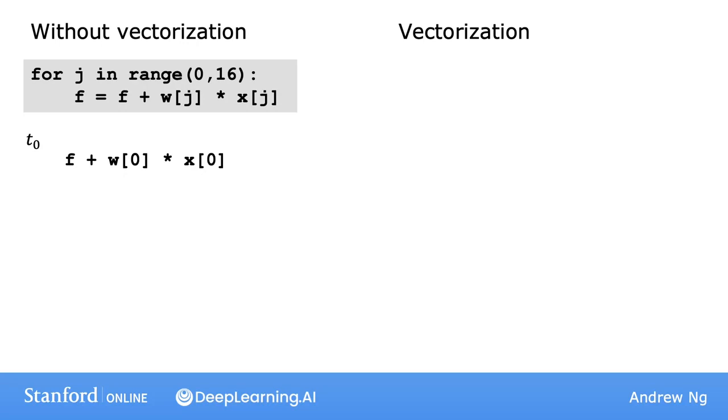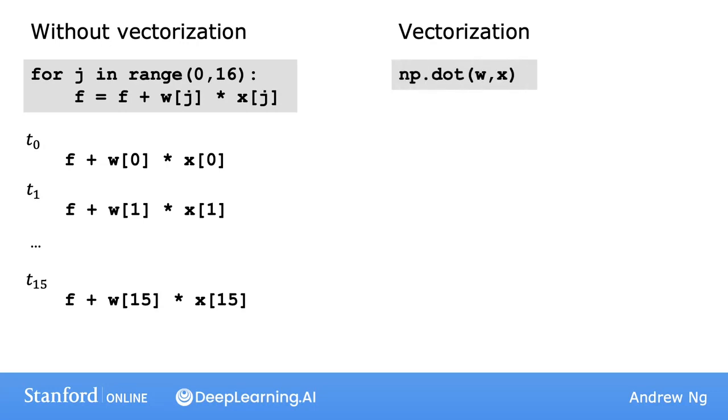On the first time step, which I'm going to write as time 0 or t0, it first operates on the values at index 0. At the next time step, it calculates values corresponding to index 1, and so on until the 15th step, where it computes that. In other words, it calculates these computations one step at a time, one step after another.